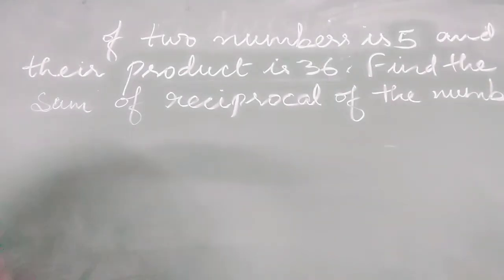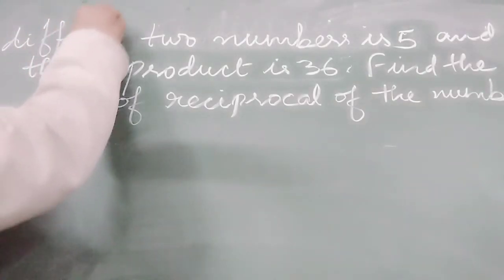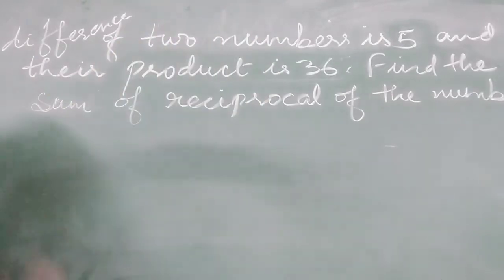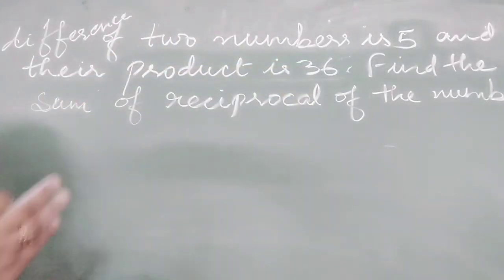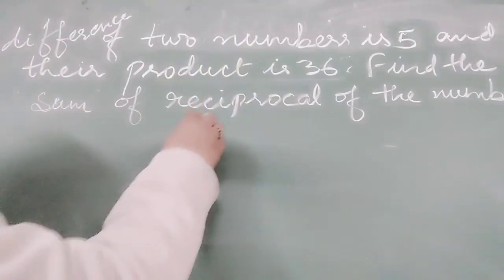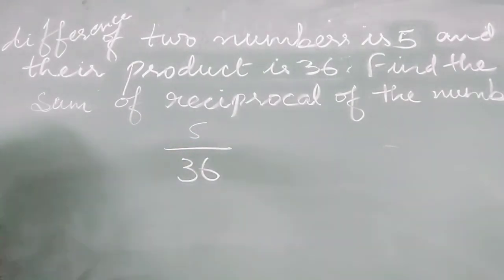Now in this question, the difference of two numbers is 5 and their product is given as 36. We have to find the difference of the reciprocals of the numbers. Again we have to do the same thing. What is the difference of the numbers? 5. And what is the product of the numbers? 36.